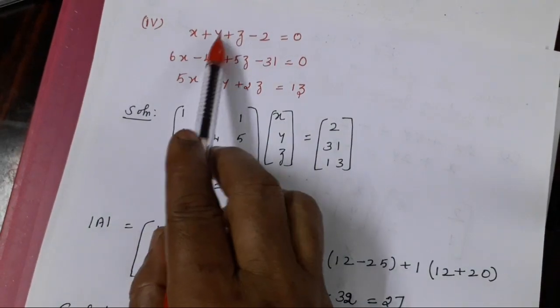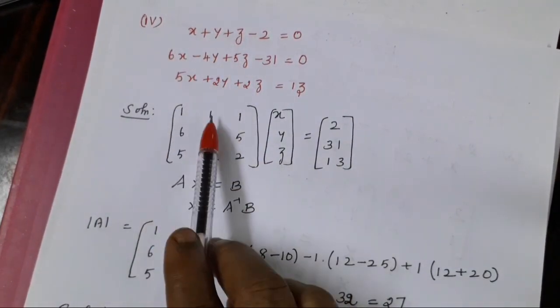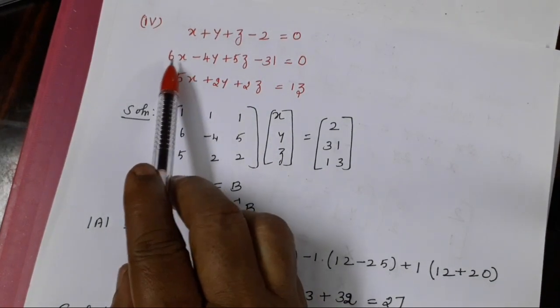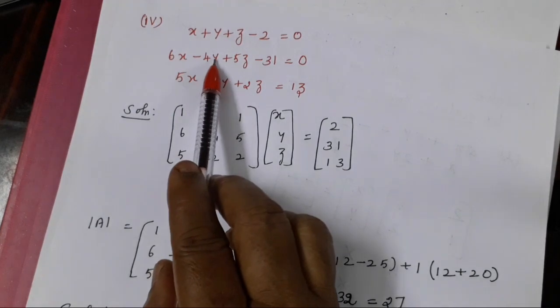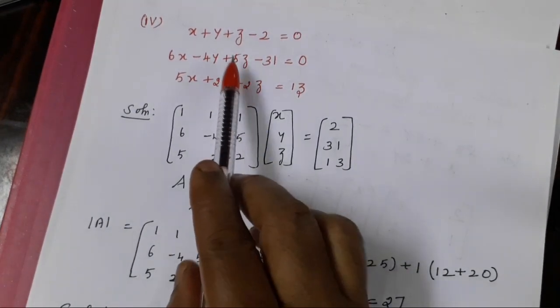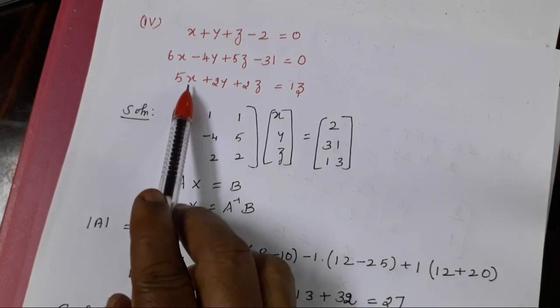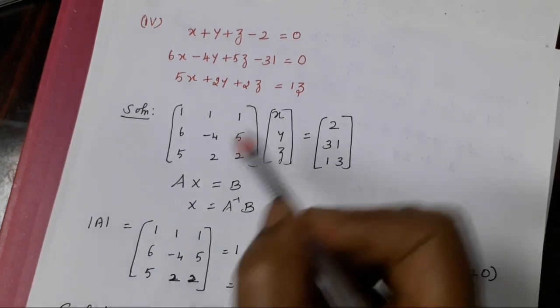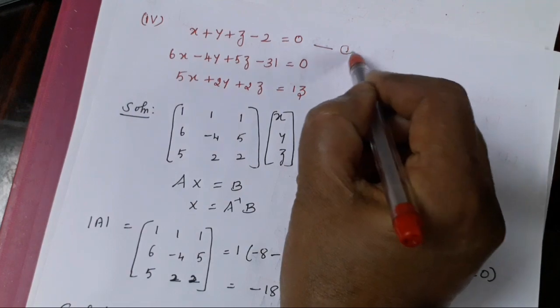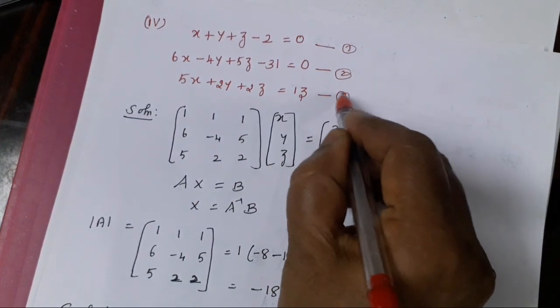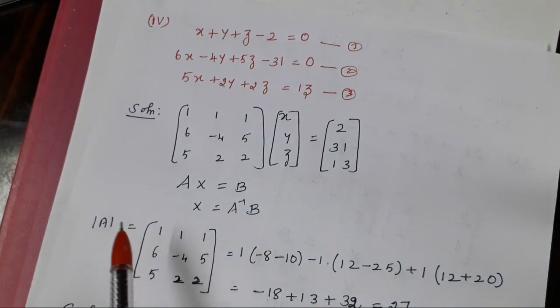For the first equation, the coefficients of x, y, z are 1, 1, 1. In the second equation, the coefficient of x is 6, of y is minus 4, of z is 5. Again, in the third equation, the coefficient of x is 5. This is the first equation, this is the second equation, this is the third equation. Refer to the question in your book.